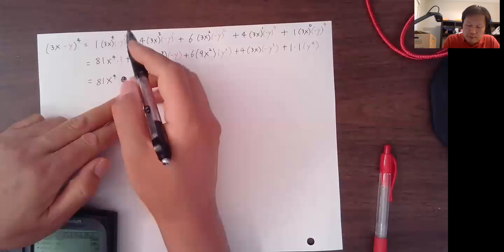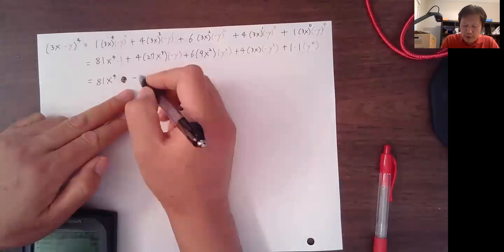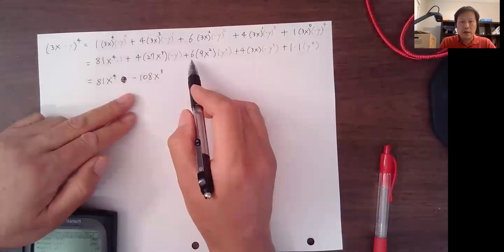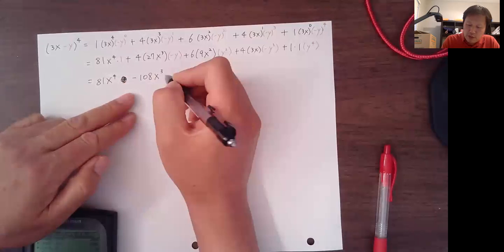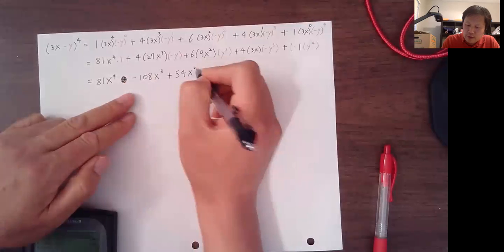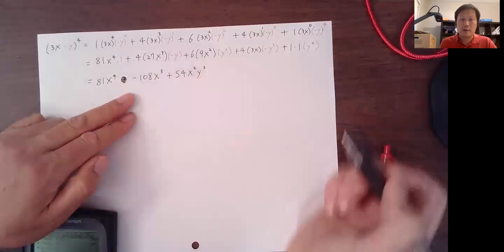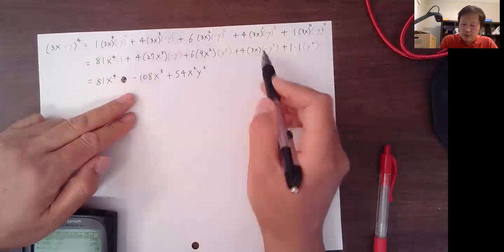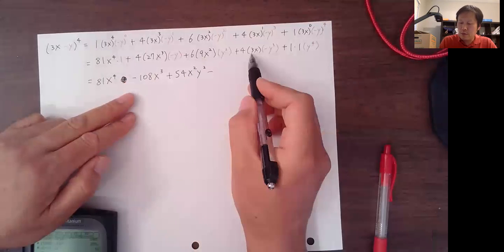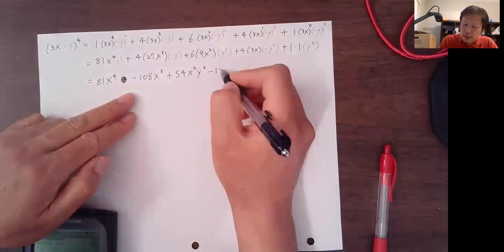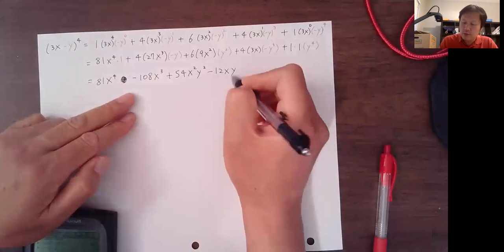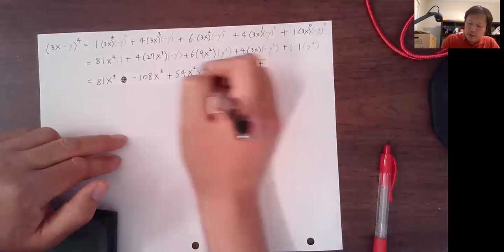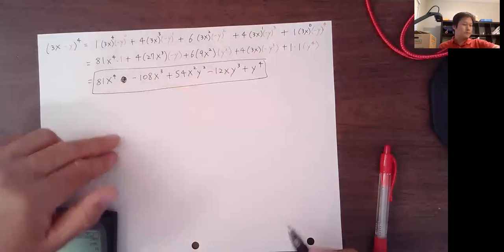So it should be minus 108 x to the third y. Now 6 times 9, 54, plus 54 x squared y squared. Again here, plus times minus, the sign should be minus. 3 times 4 is 12 x y to the third, and y to the fourth. That should have been your final answer.